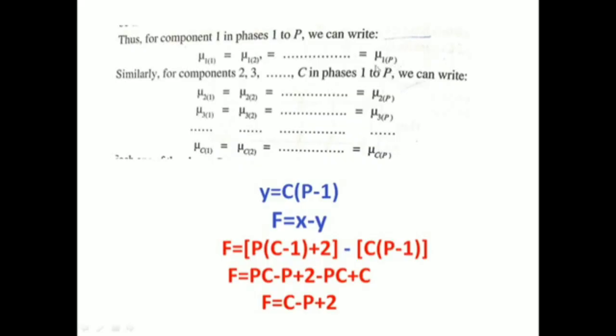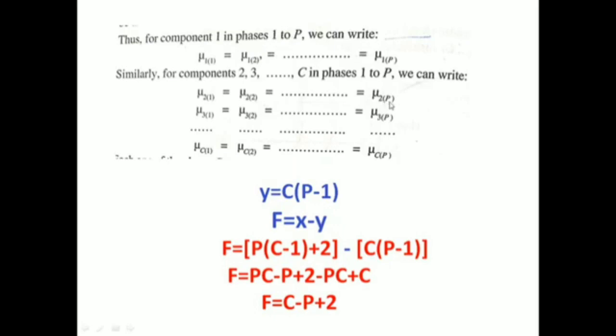We have to consider the case of other components too. In the case of component 2, the chemical potential in phase 1 is represented by mu21, that in phase 2 by mu22, and that in phase P by mu2P.